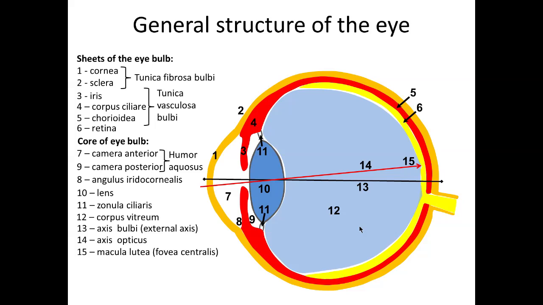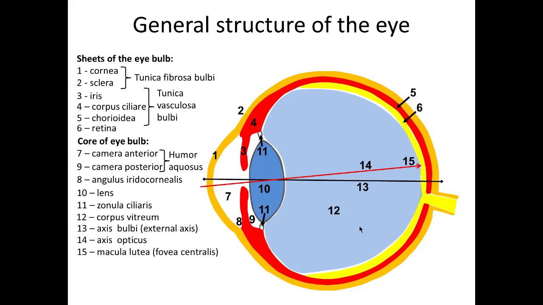This place on retina is place where the possibility to see is most good because a lot of receptors are located in small regions, in this macula lutea.